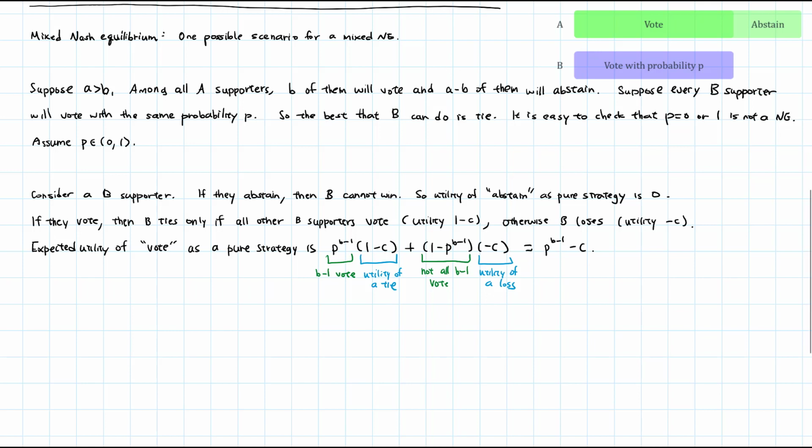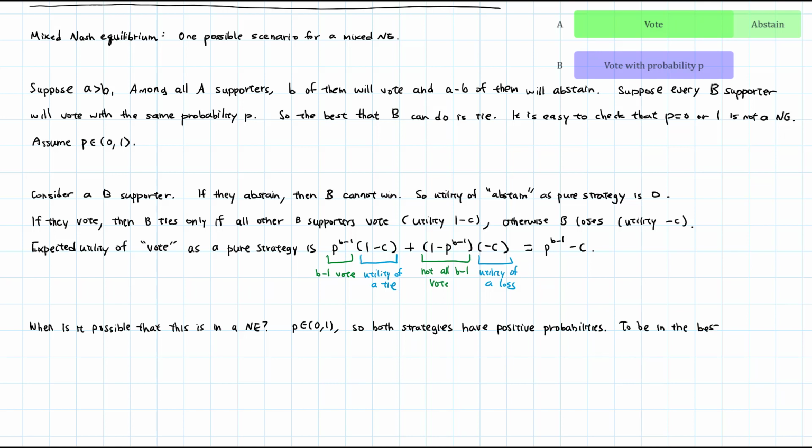Now we are looking for a mixed Nash equilibrium. So when is it possible that this is a Nash equilibrium? What can we say about these two utilities? Well, we know that P is strictly between 0 and 1, so both strategies have positive probabilities.